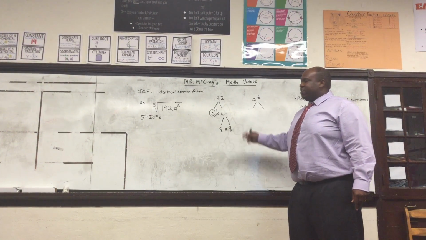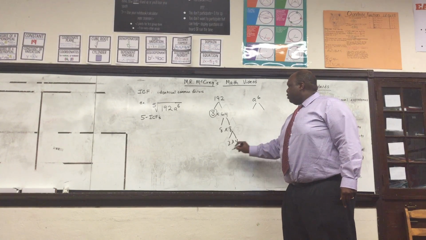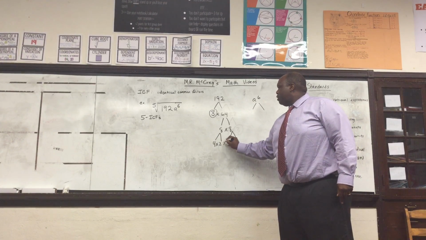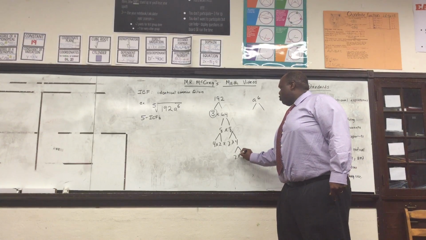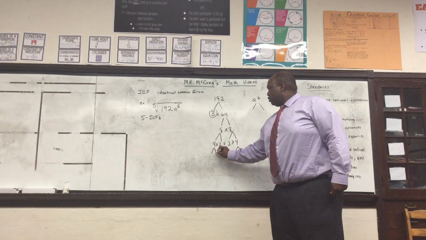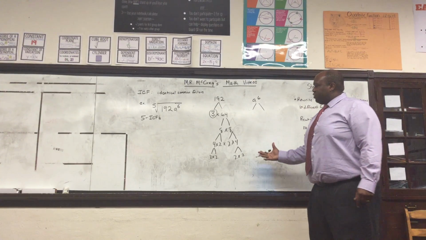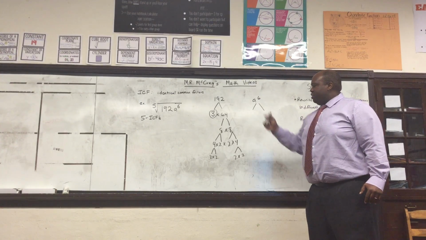Then we can break down 8 times 8. 2 times 4. Do one on the same side. Okay? Then we break down those 4s to 2s. Okay? So now all of a sudden, now we have all the factors of 192.